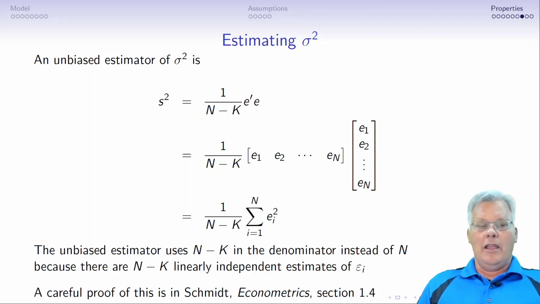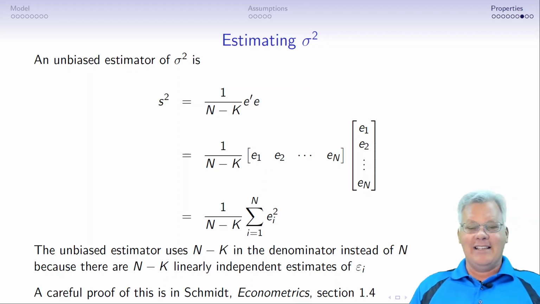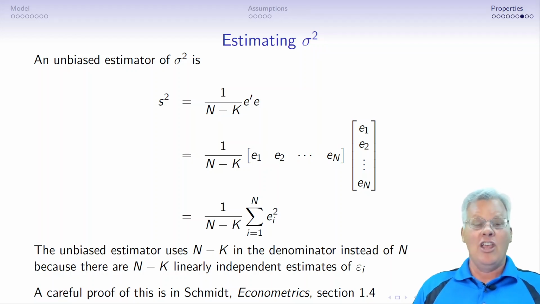Now, I should point out that the unbiased estimator uses n minus k in the denominator instead of the sample size n. The reason is that there are only n minus k linearly independent estimates of epsilon sub i.